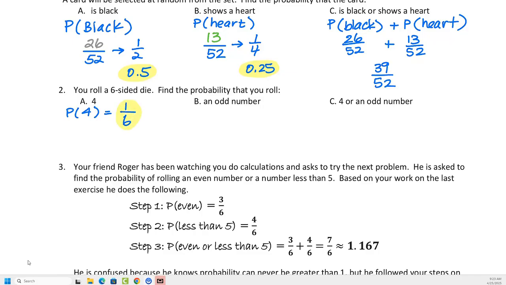I just think that'll be easier. What's the probability of rolling an odd? Well, how many odd numbers are there on the die? In total? 3 out of 6. That's going to be 1/2, isn't it, when we reduce it?